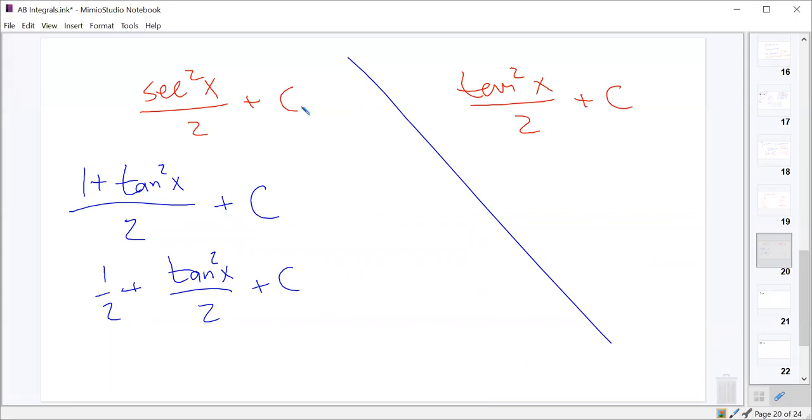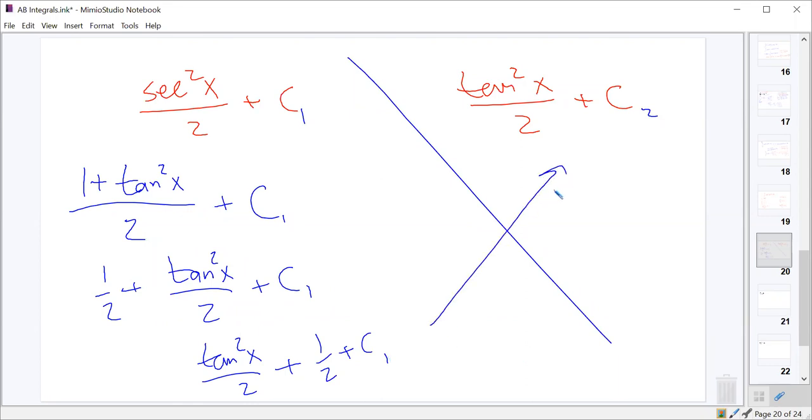Well, if we call this constant 1, and we call this constant 2, they don't have to be the same constant, right? We said these could be any constants. So what does that tell us? It tells us that tangent squared x over 2 plus 1/2 plus constant 1 is the same as this up here, which means that constant 2 is equal to constant 1 plus 1/2.